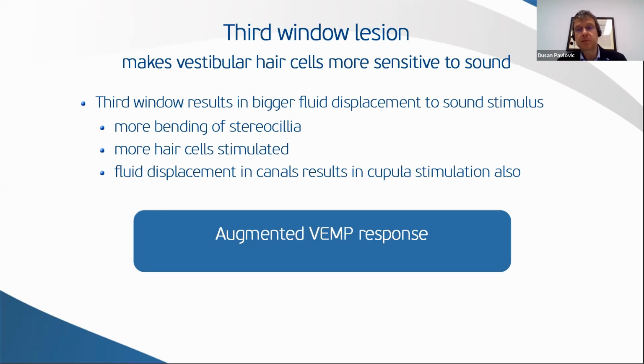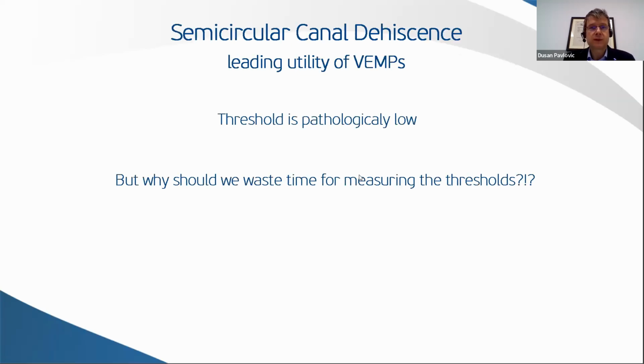As I explained previously, the displacement of stereocilia is bigger, more cells are stimulated, and also these receptor cells of the cupula, which are normally not sensitive to sound, become sensitive to sound also, and all of that results in a much bigger amplitude when we measure the VEMP response.